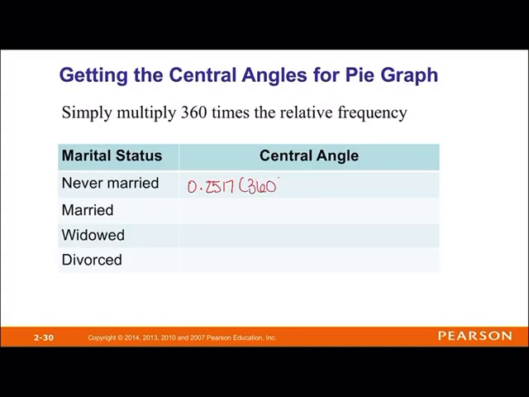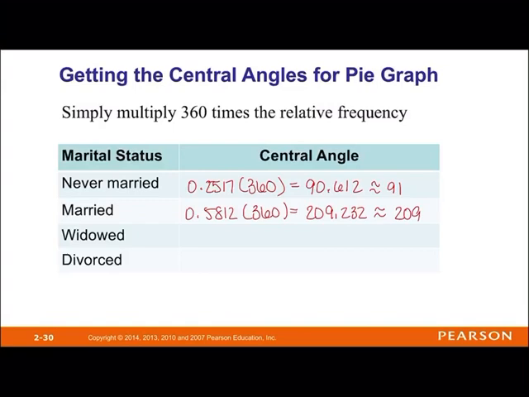Literally all you're doing is multiplying that by 360. When you do that, you're going to get 90.612, so we'll approximate that and say it's 91. Then married was 0.5812. You multiply that by 360, and that should give you 209.232, so that'll be approximately 209.